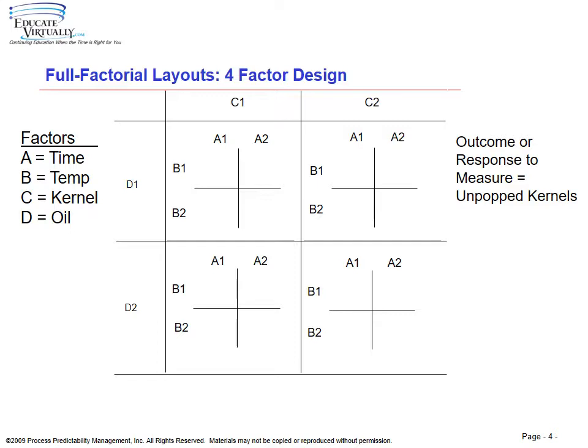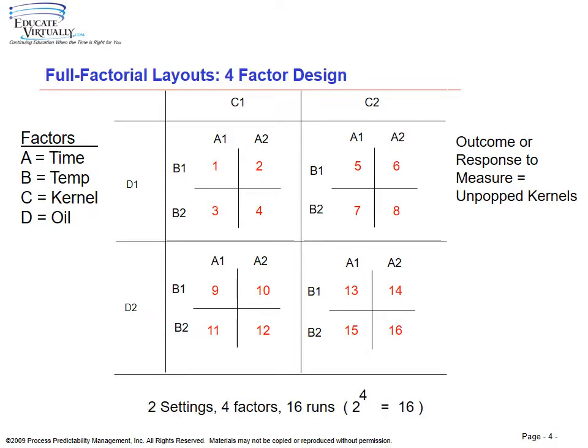So all possible combinations, it looks like there's 16 now. 1, 2, 3, 4, 5, 6, 7, 8. And we're going to do it all again for factor D2, the second level of oil. And this gives us the last of our possible combinations. So there's 16 possible combinations when we have four factors at two level settings. So that's 2 level settings raised to the fourth power, or 16 possible combinations.